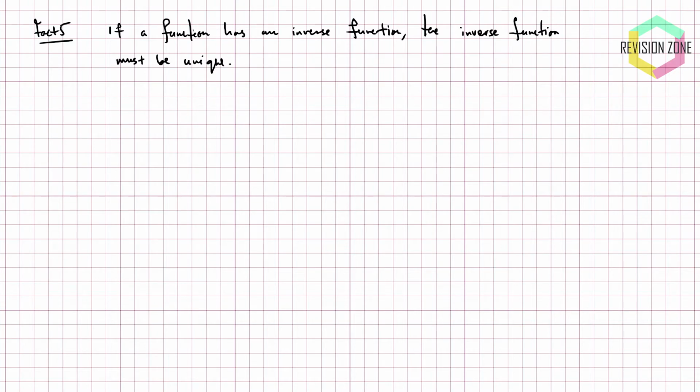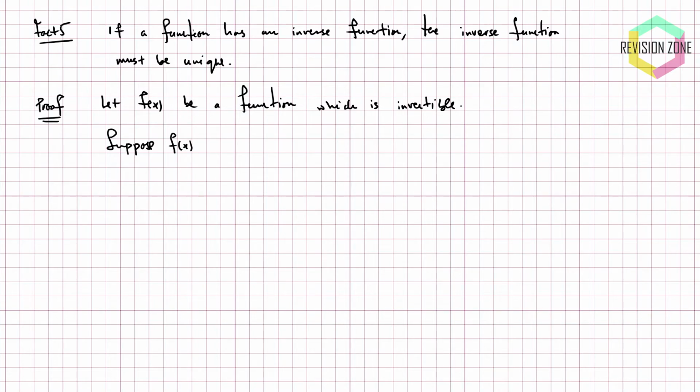Okay, so let's see a quick proof of this. Let f of x be a function which is invertible. Now suppose that the inverse of the function f is not actually unique, so suppose f of x has two inverse functions. Let's label them f1 inverse and f2 inverse.